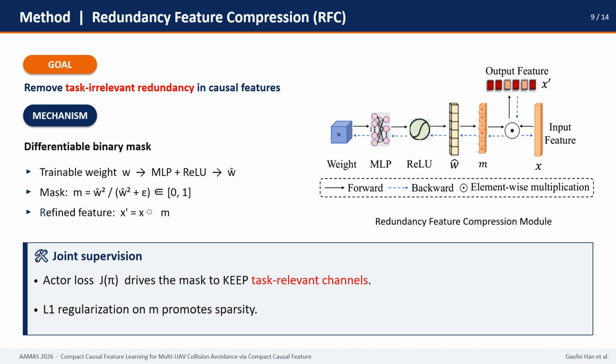The refined feature is just the input multiplied element-wise by this mask. The mask is supervised jointly. The actor loss J, pi, drives it to keep task-relevant channels, while an L1 regularization on the mask promotes sparsity. If the mask incorrectly suppresses a useful channel, the actor loss J, pi, increases, prompting the mask to self-correct.